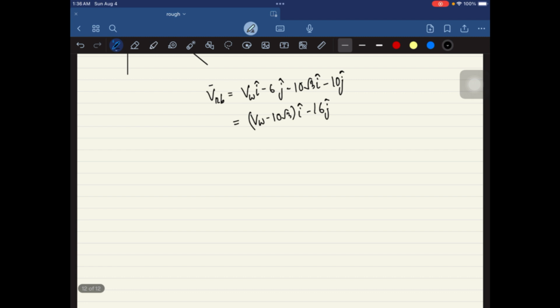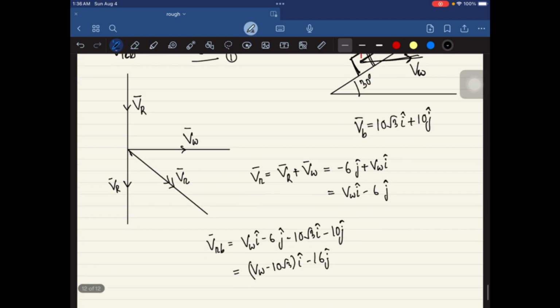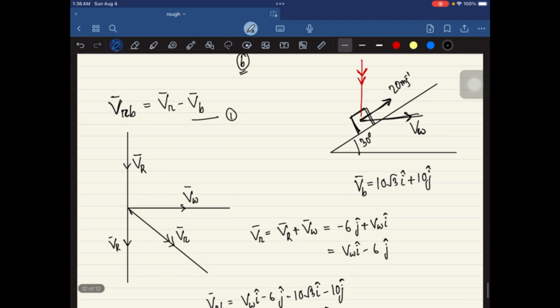So, if we draw the angle, I also need to draw the 20 meters per second. This is 20 meters per second, and the resultant will be at this angle.